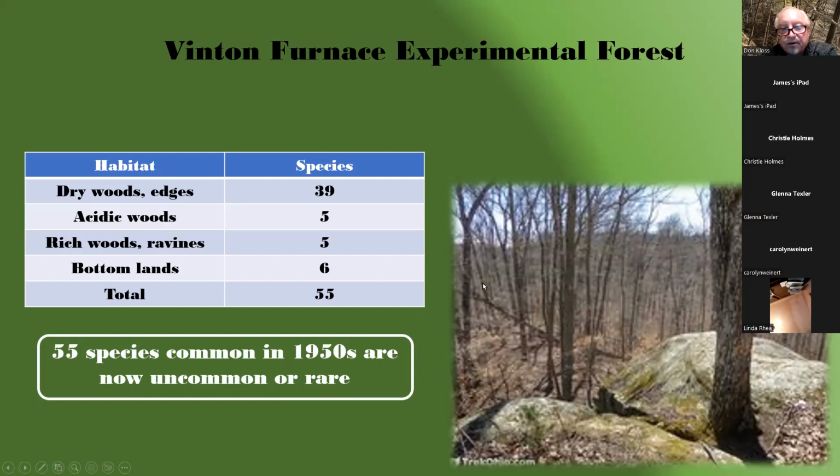So there's 55 species within Vinton Furnace Experimental Forest that are common there and were common there in the 1950s, that were common throughout Ohio in the 1950s, but are now uncommon or rare outside of Vinton Furnace today, but are still common within Vinton Furnace today. That makes sense? Mm-hmm.